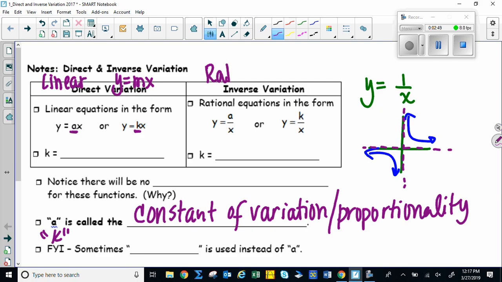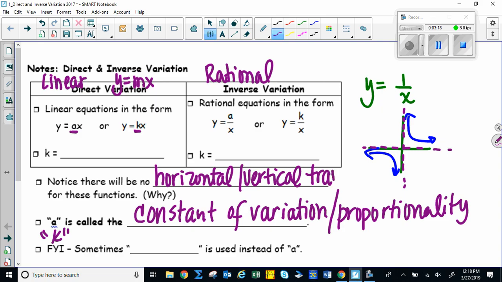Our inverse variation is going to be a rational function. We are only going to look at that a parameter change. With inverse variation, we're not going to see the graph shifted left and right. We're not going to see it shifted up and down. So there'll be no horizontal or vertical translations.